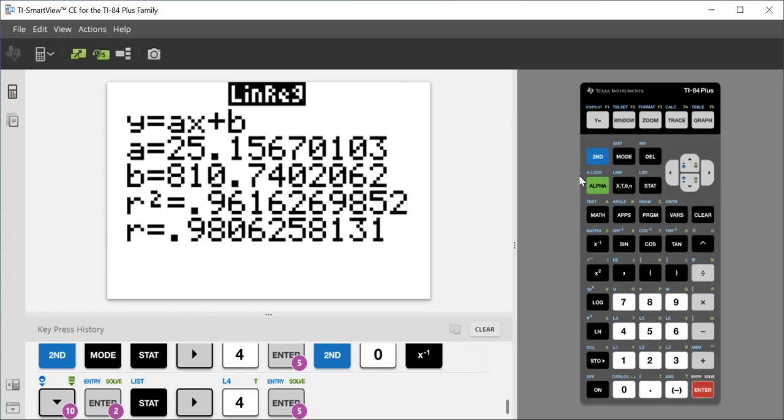So if you're just asked for the correlation coefficient, that is R. So we're looking for R in our output. I'm writing this down on my notes, and I'll come back to that in just a second. So for us, R equals 0.9806.